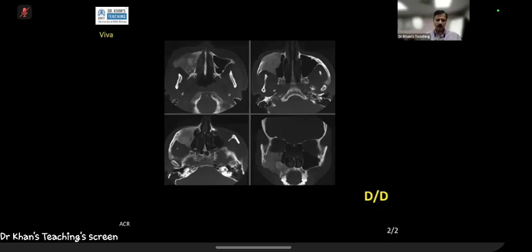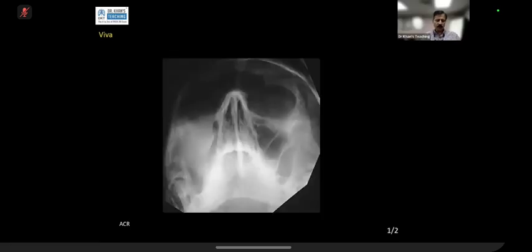Now, in fibrous dysplasia, if you see here on this plain X-ray, there is an opacified, opaque right maxillary sinus. But if you look carefully, it was very well picked up that part of the sinus is still visible.